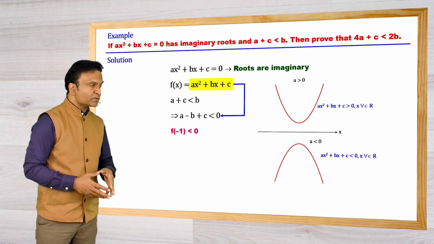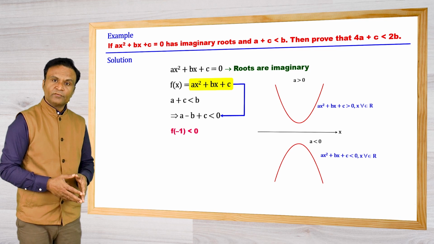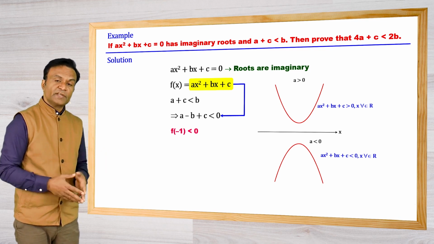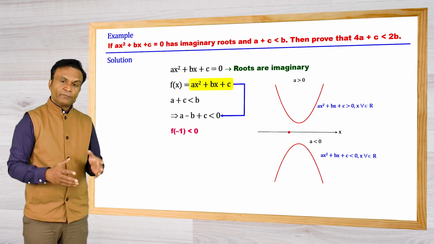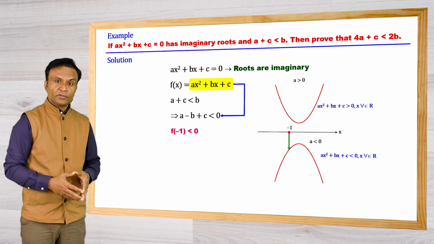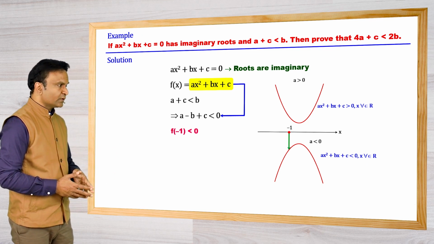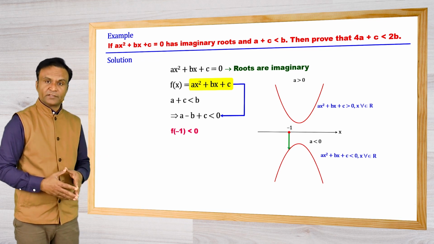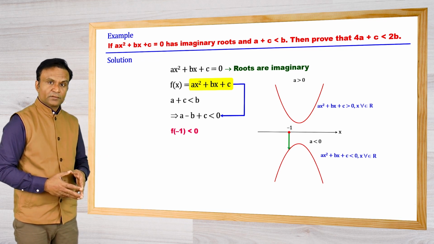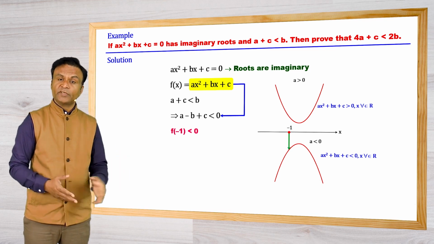In which graph is this possible? Obviously in the second graph, because in the first graph f(x) is always positive. So f of minus 1 less than 0 is possible only in the second graph. You can see how we are eliminating graphs from the given conditions. We have 6 possible graphs for a quadratic function. When a is positive, we have 3 graphs.